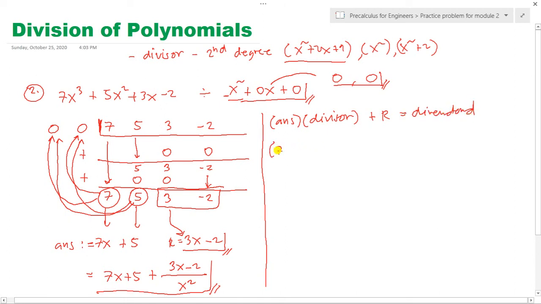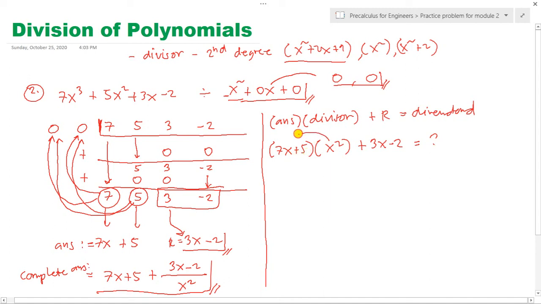Our answer is 7x plus 5 multiplied by our divisor x squared lang plus the remainder of 3x minus 2. So, ito lang ha. Walang over kasi sa complete na answer naman to eh. Remainder is just this. 3x minus 2 lang. So, is equal to, hindi natin alam. So, let's simplify this.